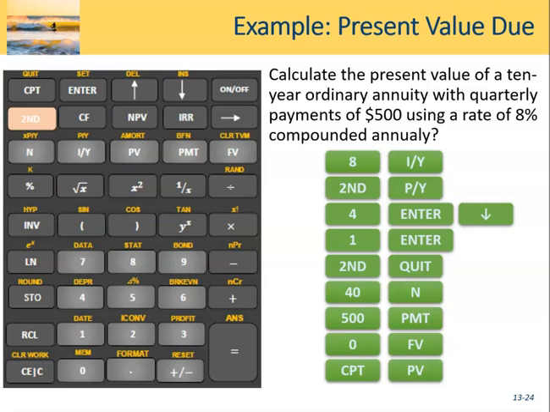And then we need 40 for our N. We need 500 for our payment. We need 0 future value. And we need compute present value. And that's going to give us an answer of $14,084.72.